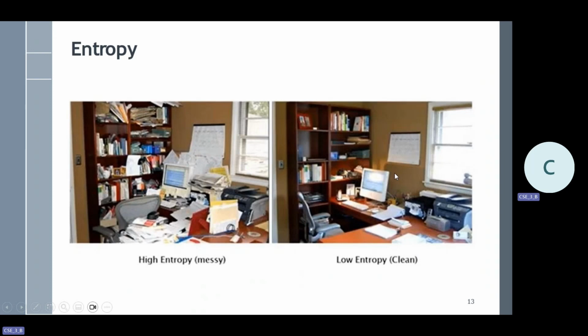With this pictorial representation, high entropy means it is messy, and low entropy is the clean one. When we observe the attribute values, if the entropy is lower, then its contribution will be more, and so the purity will be more.